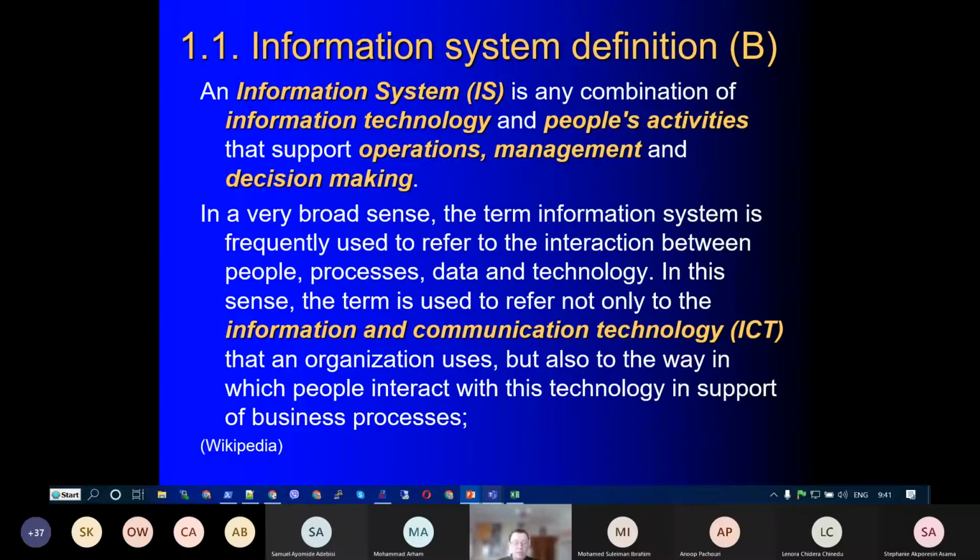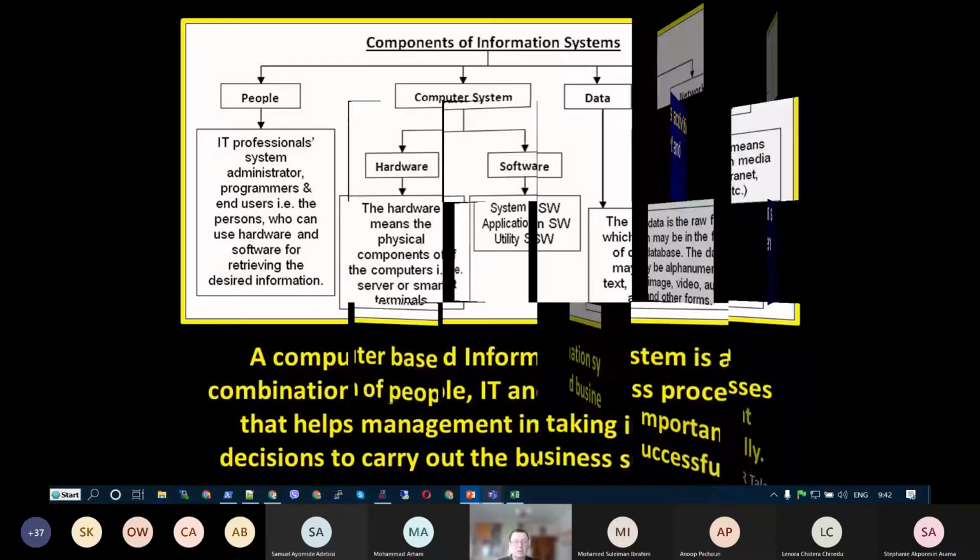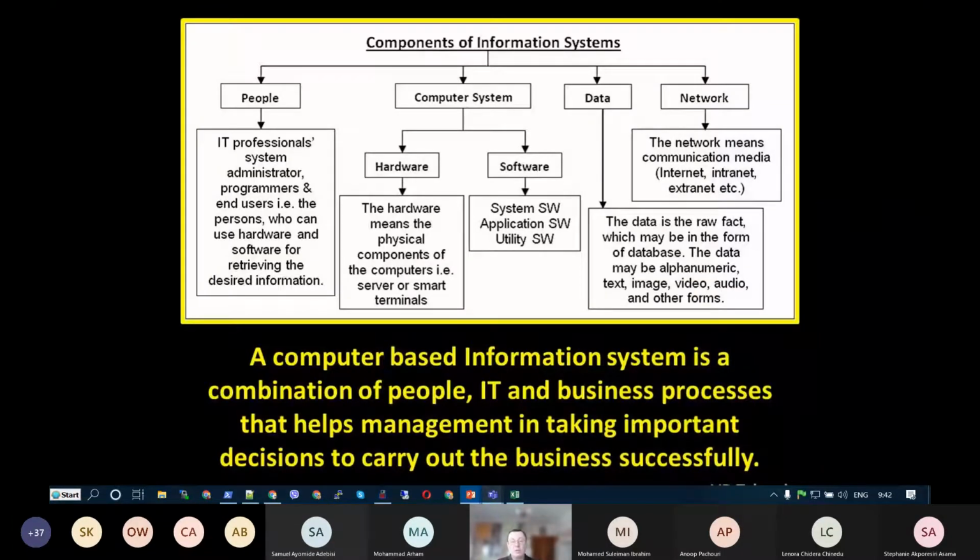Especially today, telecommunication and computer systems have sneaked into and appear in all kinds of human activities. If you want to draw a chart, we can consider the 4 major components of an information system.